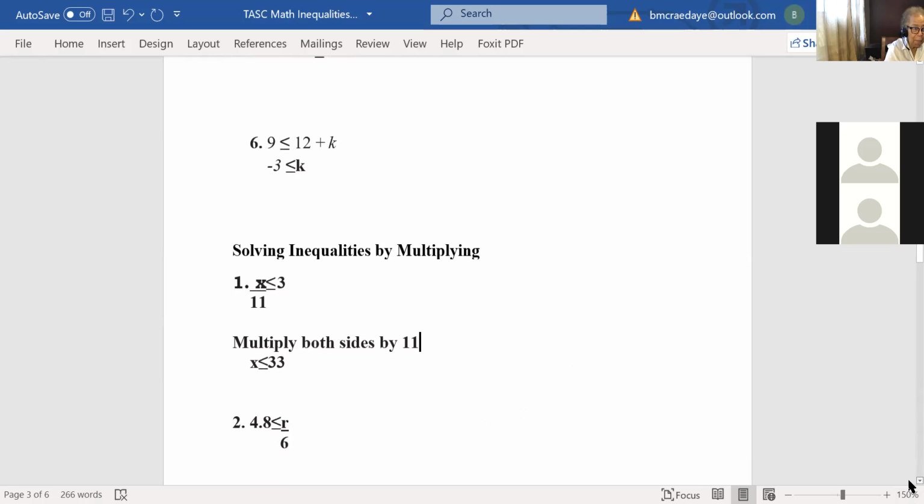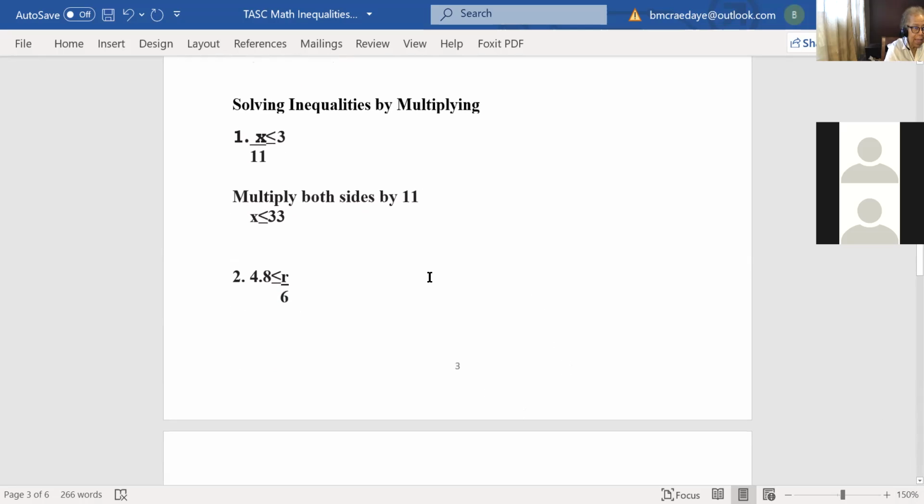Let's go to number 2. Same thing, Maureen. We're going to put less than or equal. Let's put our symbol here, and we're going to put our R, a variable. So what do we do here, Maureen? This is multiplication because it's a division.